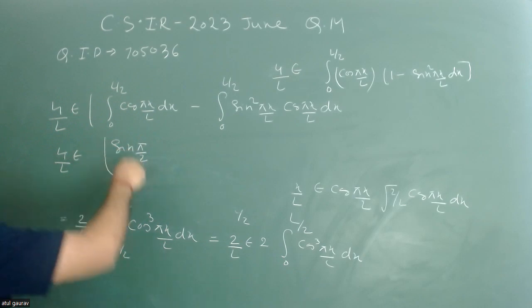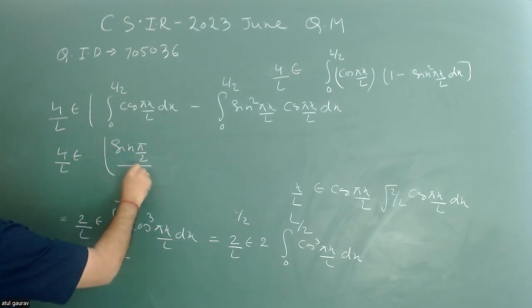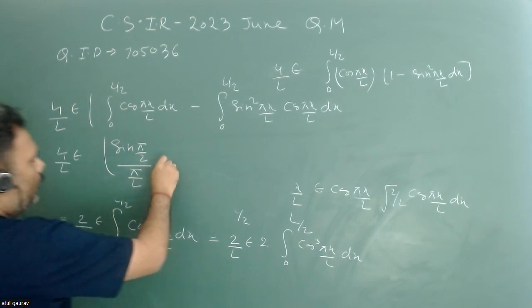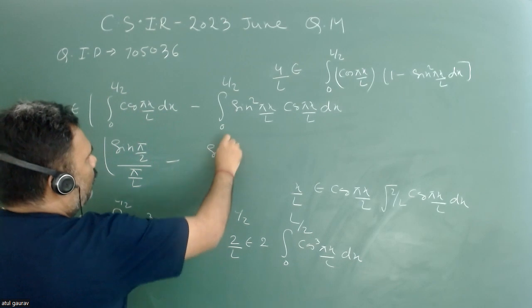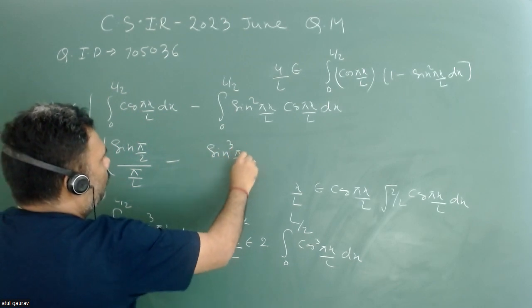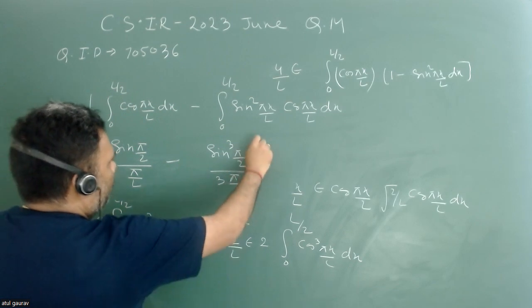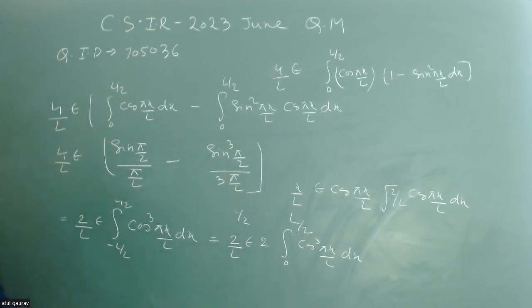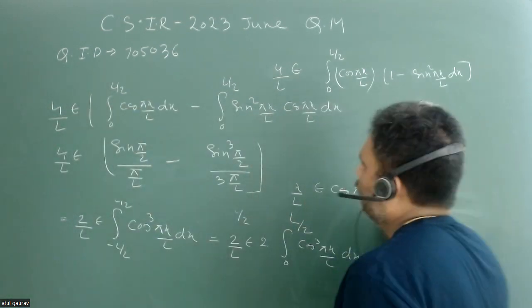The integration of cos is sine, so sine(pi by 2), and pi by L is also there. Minus the other one, which is sine cube(pi by 2) upon 3 pi by L. If you do the integration smartly you can easily calculate the final term.